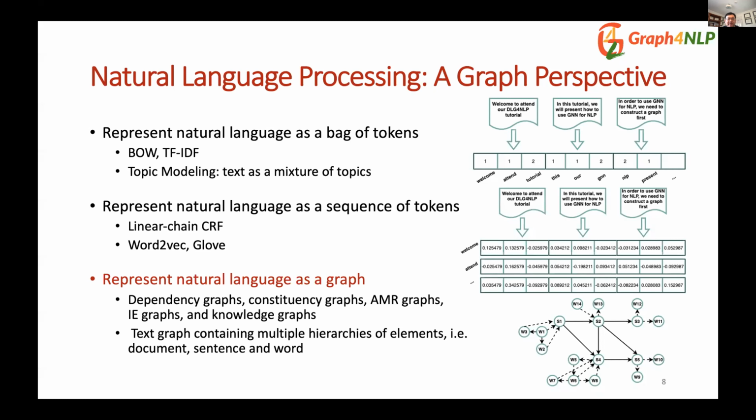Later, people found that it is also very useful to represent natural language as a sequence of tokens. This technique really came from the rise of the word2vec type of technique. People found that we are able to transform each word token into a latent space, and represent each word token as a dense vector, which is able to preserve the proximity or context information in the original text.